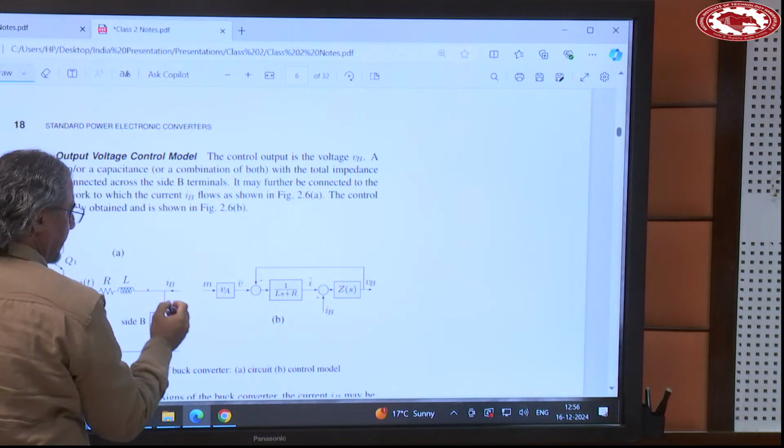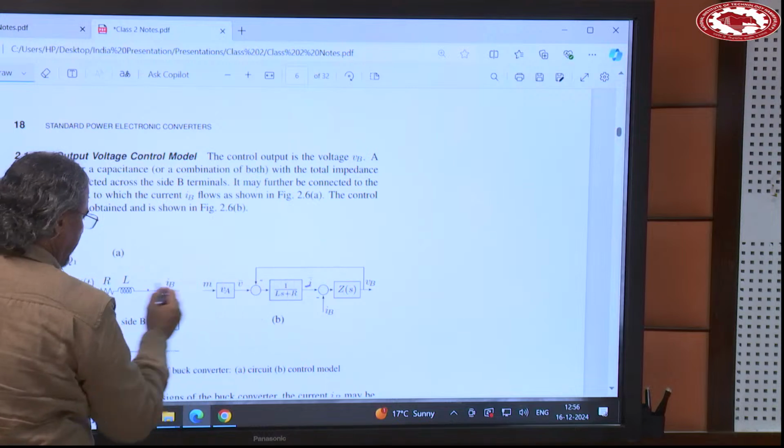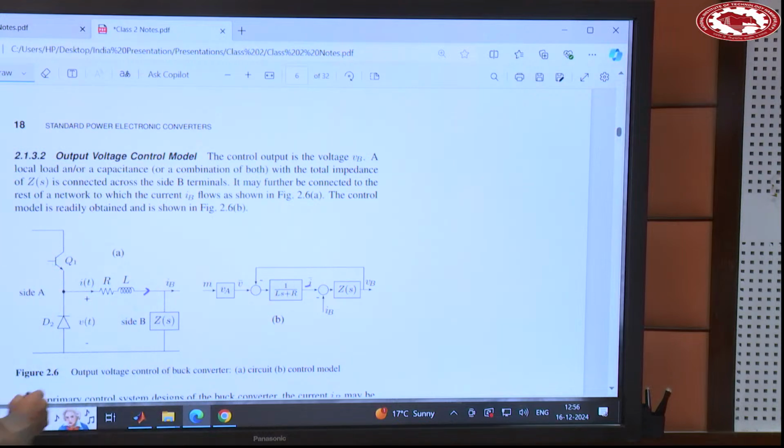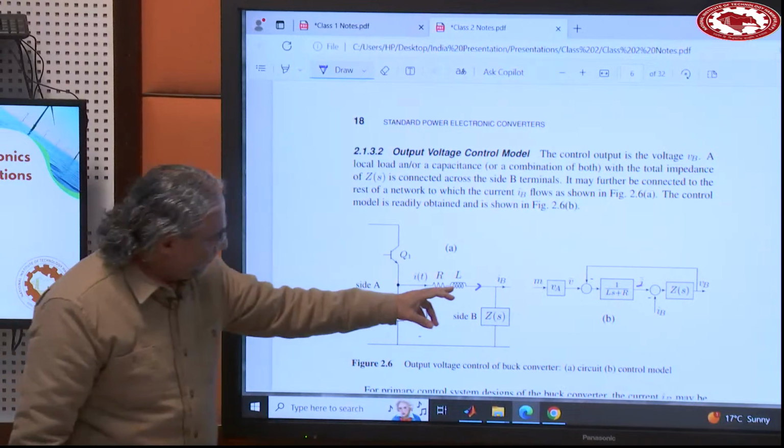So that I bar is the average of the inductor current. For now, I keep the bar, but as we go on, I will drop that bar, because now we all agree that we are focusing on the control side of the converter, not on the switching side of the converter.